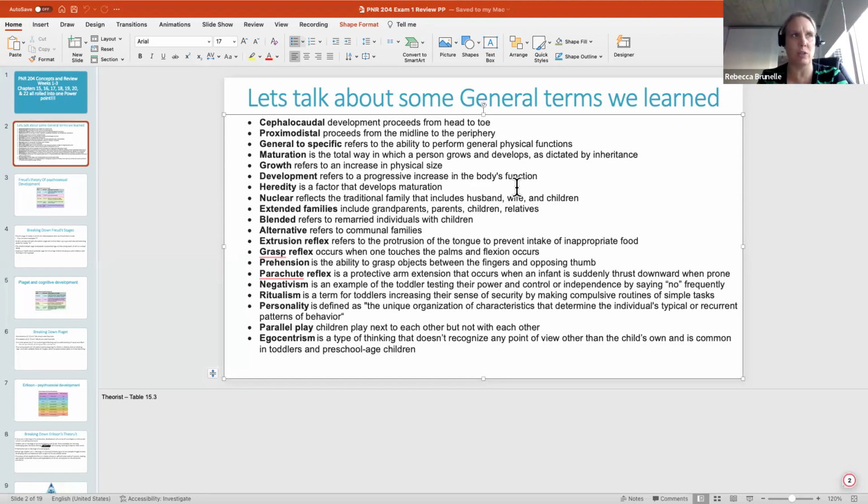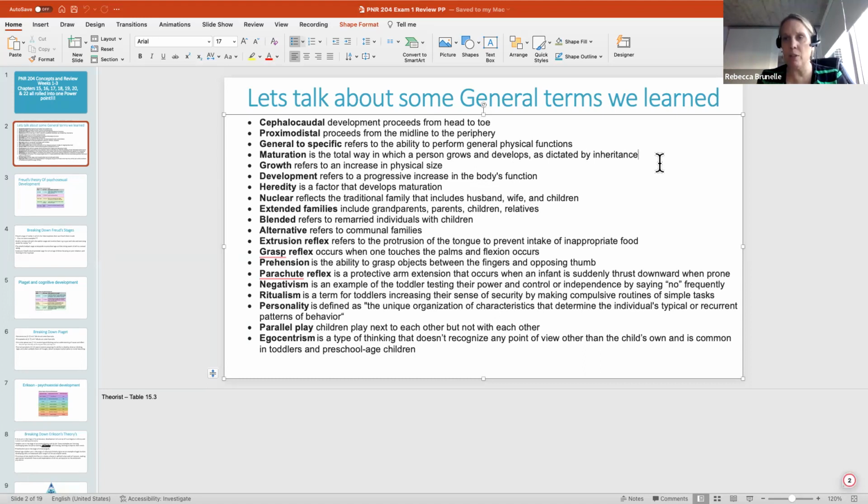So that's proximal distal. And then I think maturation has a very specific definition in this class: the way in which you grow and develop as dictated by inheritance, which is different from growth, which is just a change in physical size. So maturation is something you definitely need to be able to pick out, that it's really dictated by inheritance.